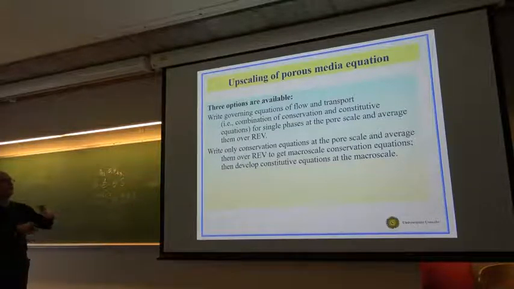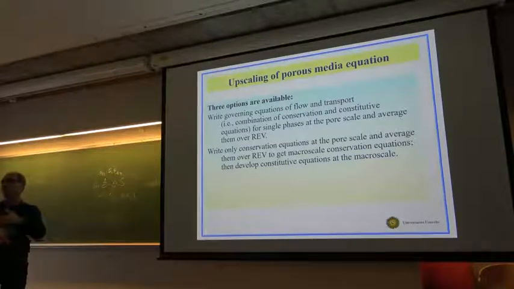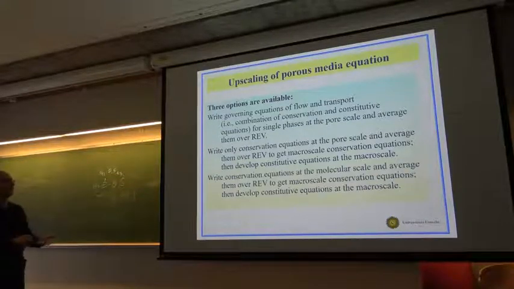This one, you just average the conservation equations, do not involve any constitutive equations, and then develop the constitutive equation at the macro scale. And that you can do again either in an empirical fashion or the way we did this morning, following a procedure. And finally, we start at the molecular scale, as we did from the very beginning of the course.